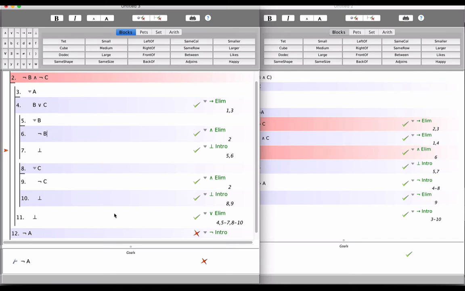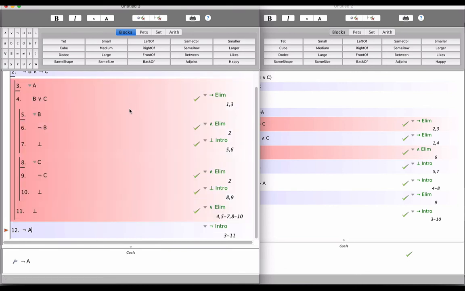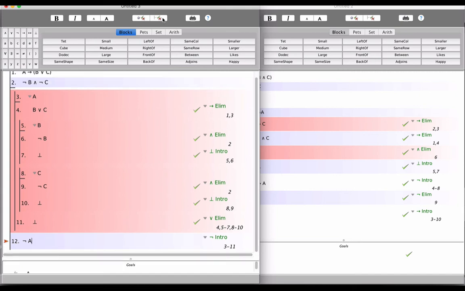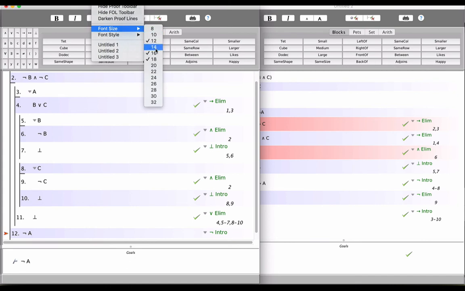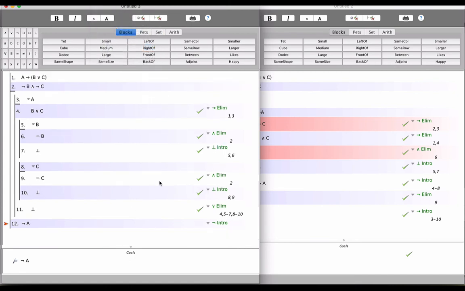Verify. And apparently somehow in the mix, I unhighlighted the subproof. All right. Click, and let me make sure everything shows up in a single shot.